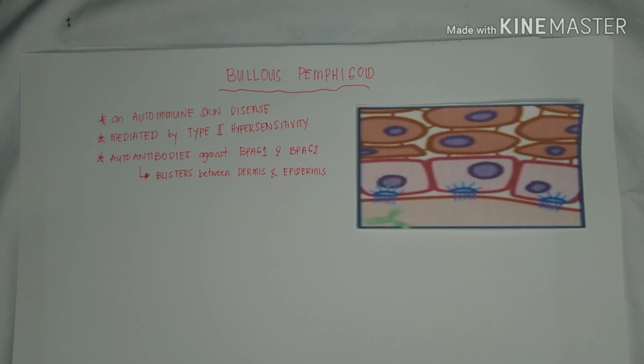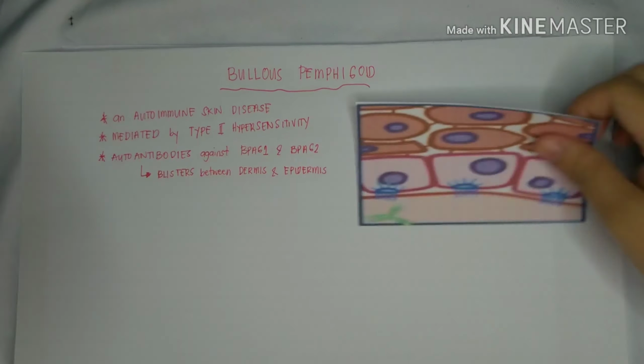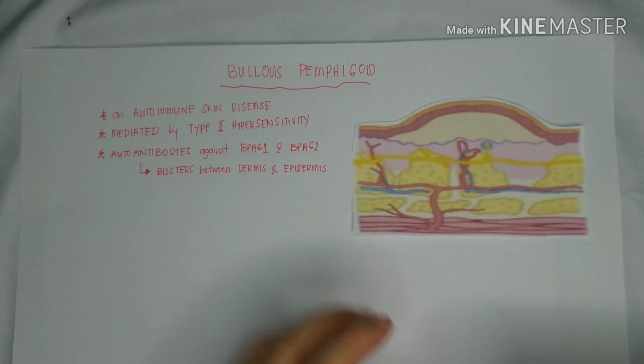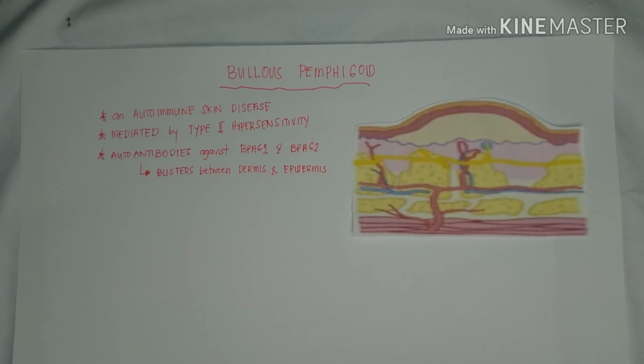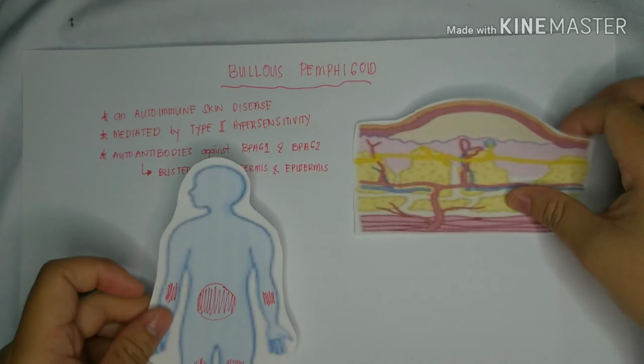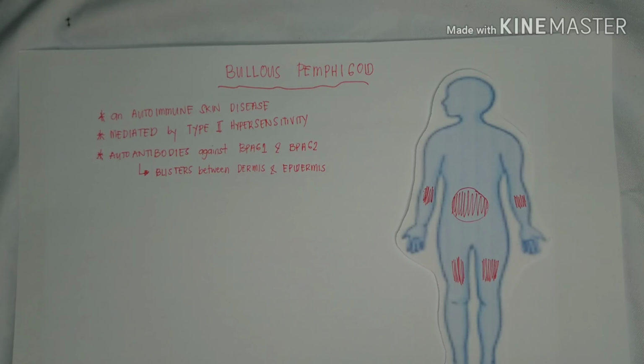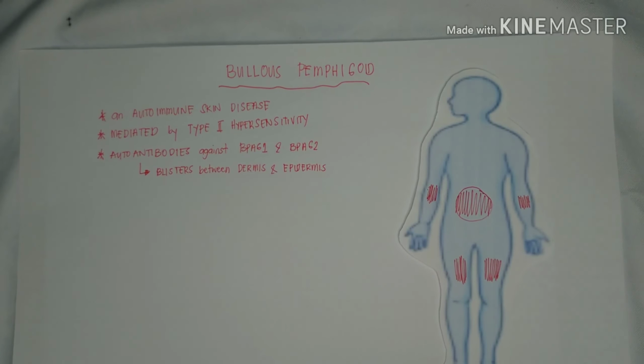Alright, here's a quick recap. Bullous Pemphigoid is an autoimmune disease mediated by type 2 hypersensitivity. Antibodies form against BPAG1 and BPAG2, and they allow blisters to form between the dermis and epidermis. Large dense blisters on the lower abdomen, arms, and legs are the most common symptom.